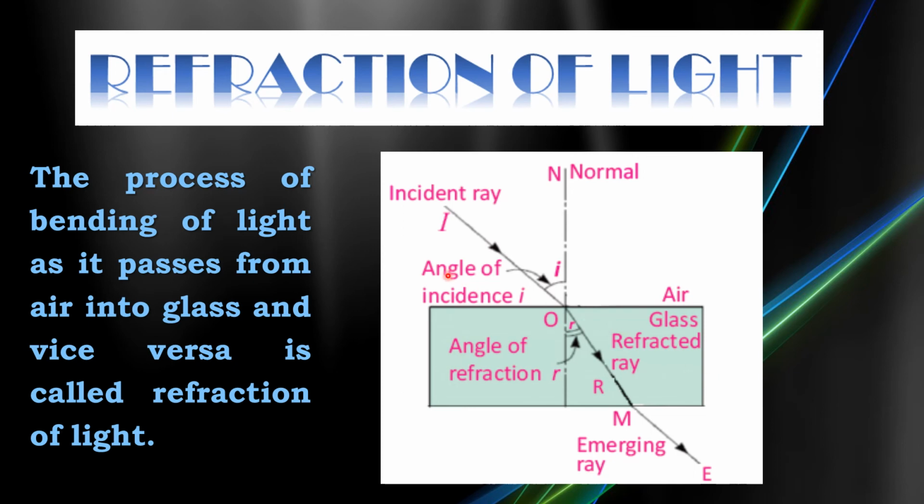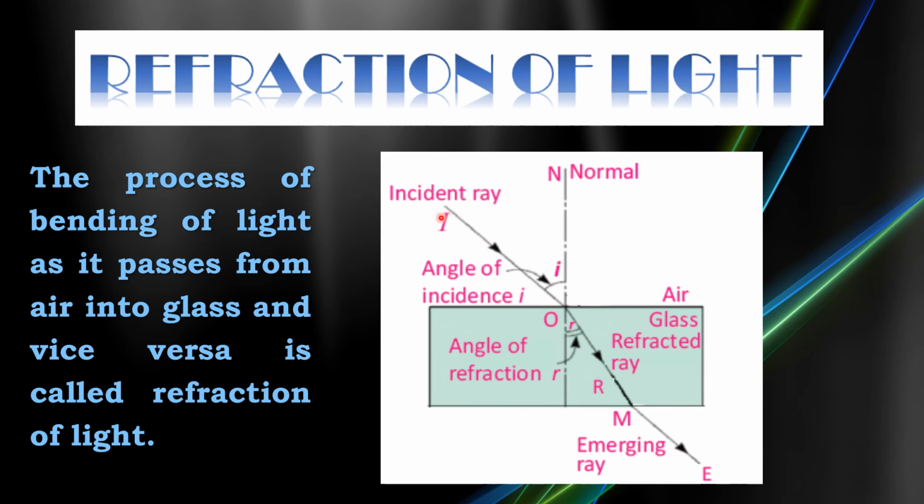So when a ray of light enters from a rarer medium to a denser medium, that is from air to glass, then it changes its direction and bends towards the normal. You can see that it is not going straight into the glass, but is bent towards the normal.